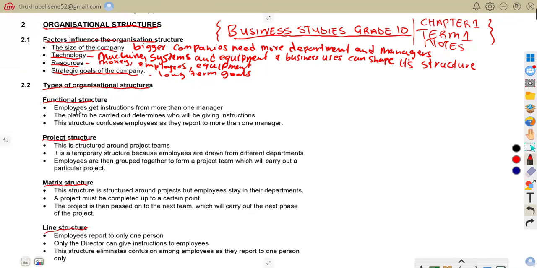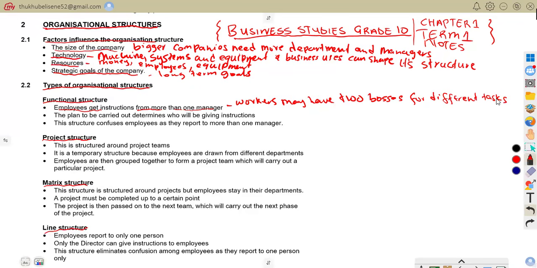We have the functional structure, where employees get instructions from more than one manager, meaning workers may have two bosses for different tasks.